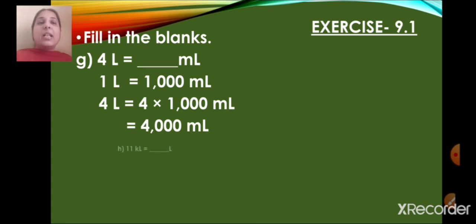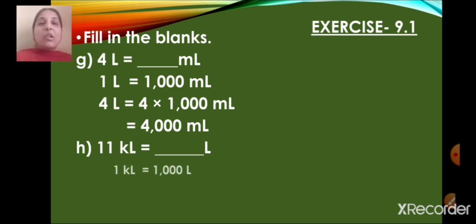Okay. Then number H is 11 kiloliter is equal to how many liter? Now this KL stands for kiloliter. So 1 kiloliter is equal to 1000 liter. So therefore to get the capacity in liter, we will multiply 11 by 1000 liter.